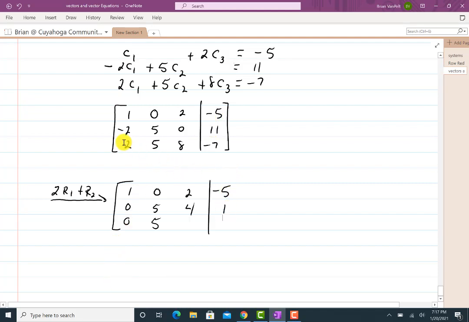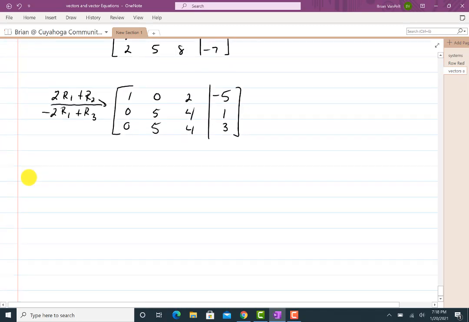And then over here, the only thing I've got to worry about is these last two pieces. To take this 1 and wipe out that 2, I need to do negative 2R1 plus R3. So negative 2 times 2 is negative 4 plus 8 is 4. And then down here, negative 2 times 5 is negative 10, plus 7 is... 3.